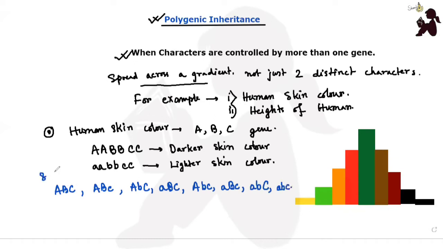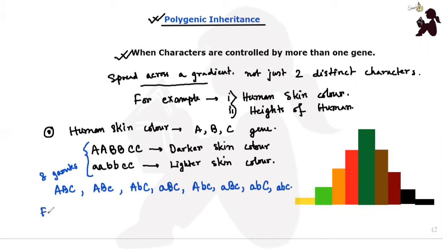So 8 gametes will be produced from these 2 genotypes, and these gametes in the F2 generation will produce different skin color individuals in a gradient.